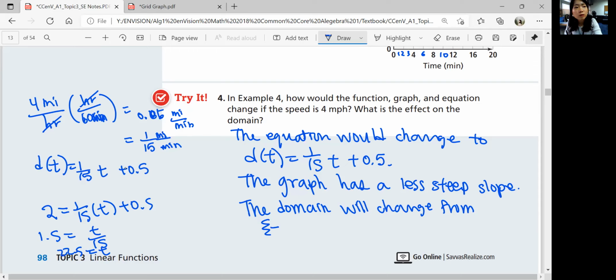You're going to say t, which just means we're talking about t, not the distance. 0 is less than or equal to t, which is less than or equal to 22.5. So it just takes more time to get to the end.